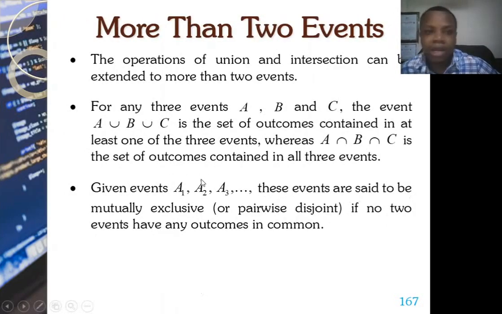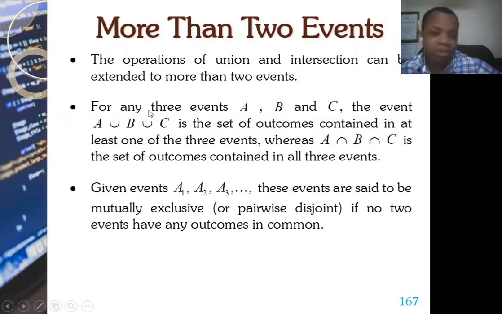Now, let's take a look at when we have more than two events. From the previous sessions, we've had A intersection B, A union B, and all that. But let's see what happens if we have more than two events. Just as we did operations such as the union and intersection of two events, this can be extended to more than two events.